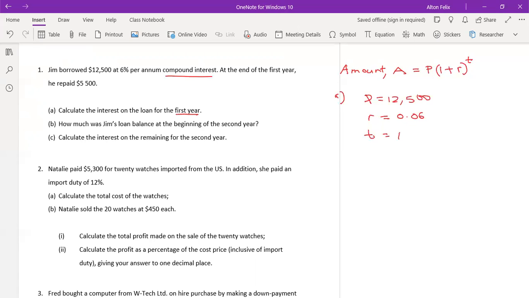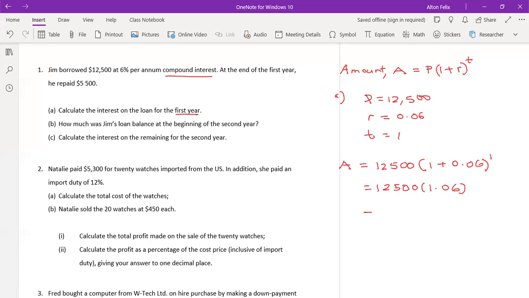So the amount on the loan, let's work on that first. The amount on the loan after 1 year will be 12,500, that's the principal P, multiplied by 1 plus the rate of interest, 0.06, raised to the power 1. So let's see what's happening there now. So that will be 12,500 multiplied by 1.06.